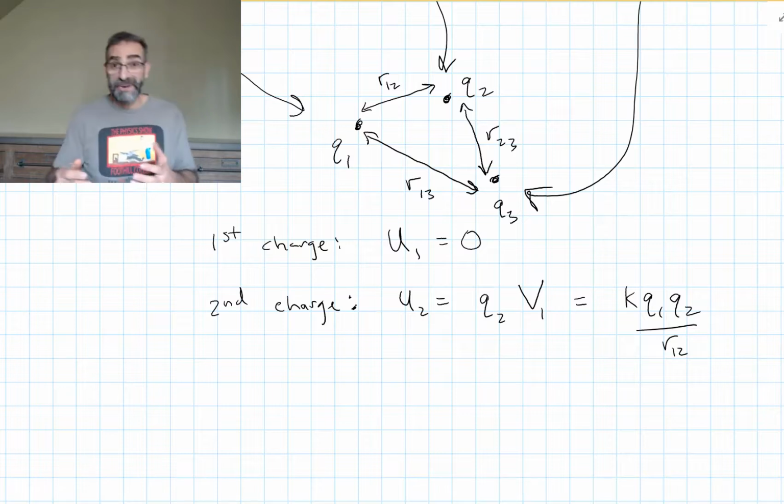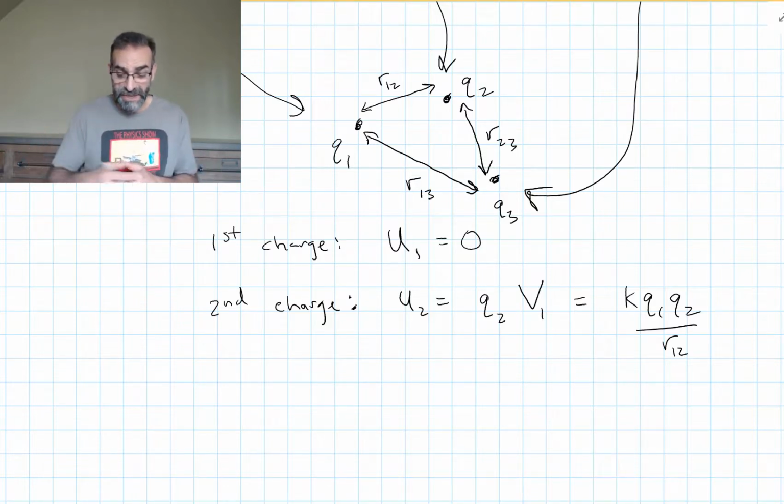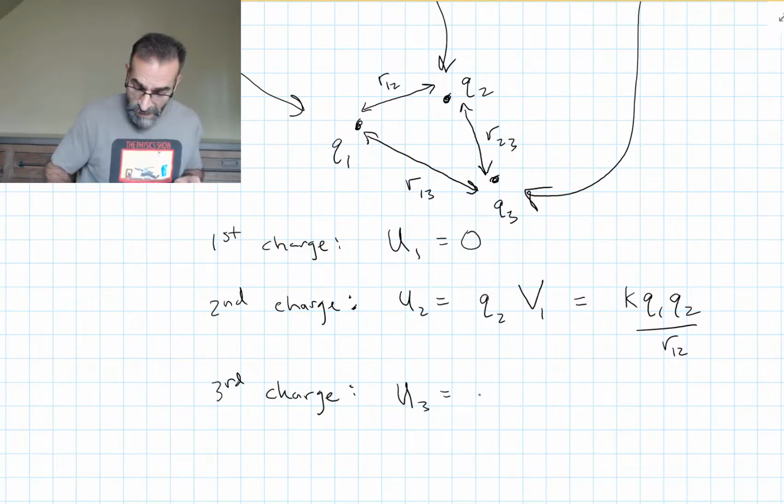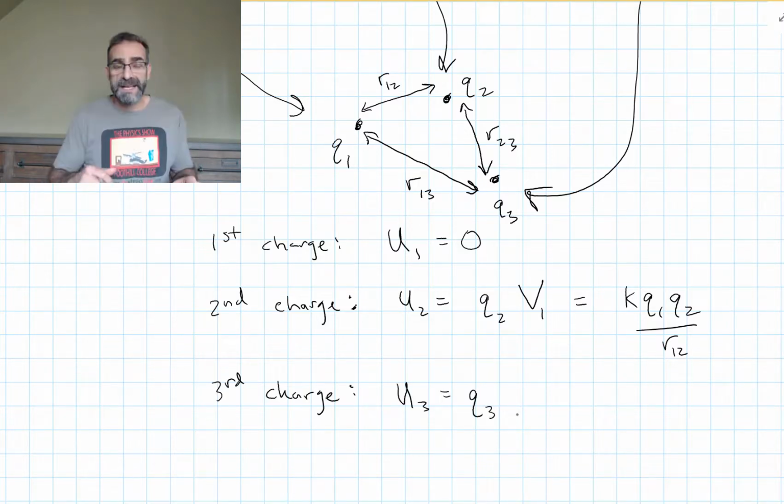Even if it's 0, it might be 0. Maybe one of these charges is attracting it, the other one's repelling it, and it all cancels to 0. We didn't do any work bringing Q3 in from infinity, but this equation will tell us. The potential energy for our third charge is going to be its charge times the potential at its final location, because we knew it started out at V equals 0.